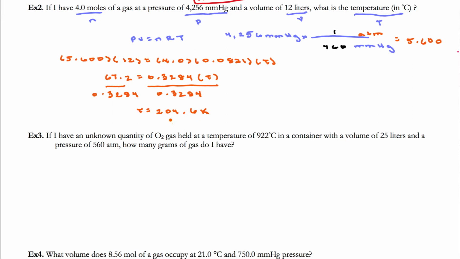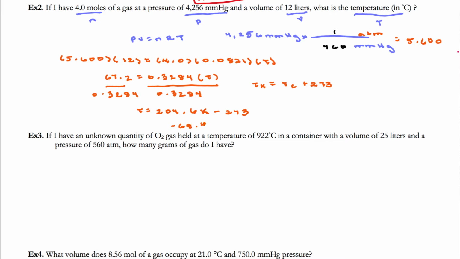So to get into degrees Celsius, remember your temperature in Kelvin equals your temperature in Celsius plus 273. So if I'm already in Kelvin, then to get into degrees Celsius, I just need to subtract 273. Okay, and so when I do that, what I get is negative 68.4.